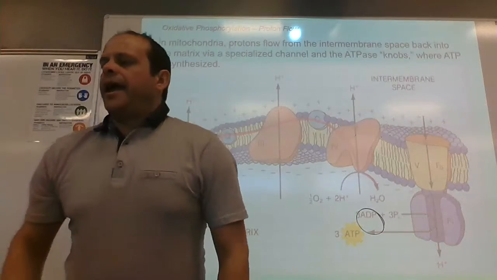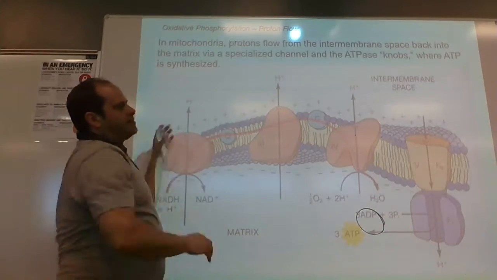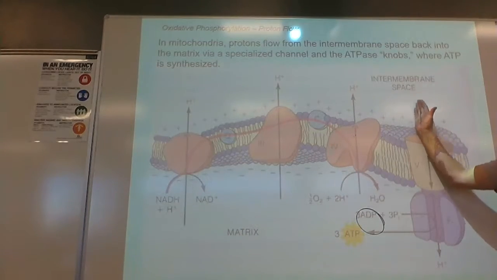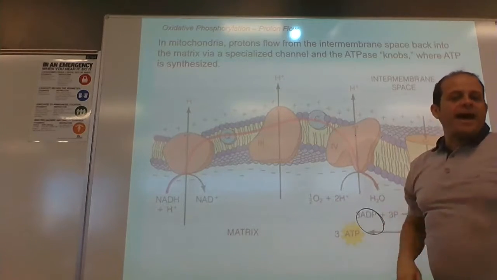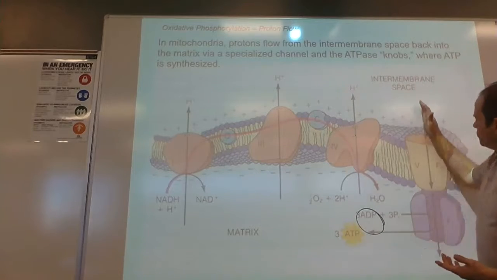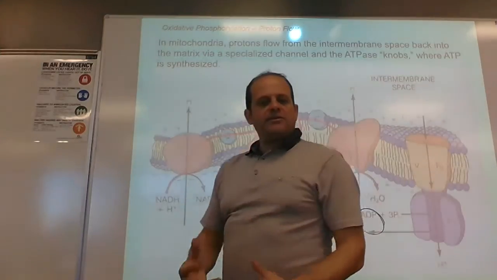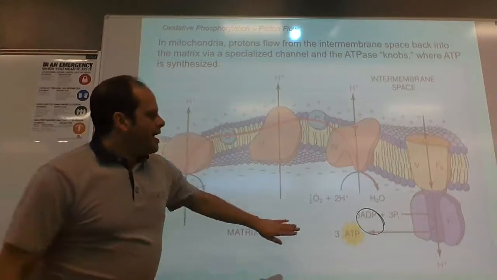Eventually, these hydrogen ions will find one location where they will be able to pass back through the membrane to go from a high to a low concentration. And that is through what's called the ATP synthase complex. And ATP synthase, hence the name, is an enzyme that produces ATP.